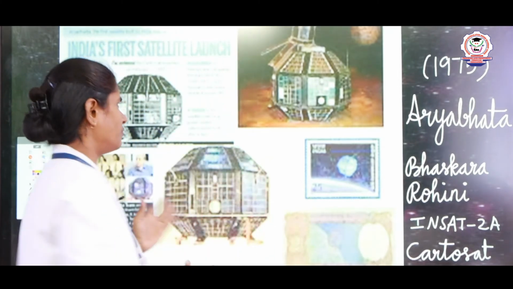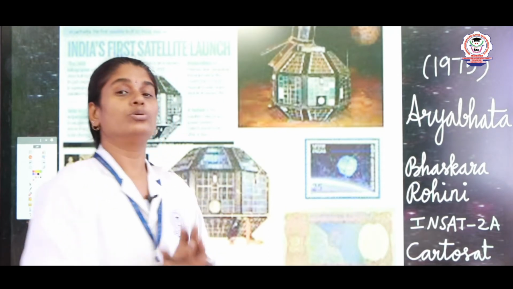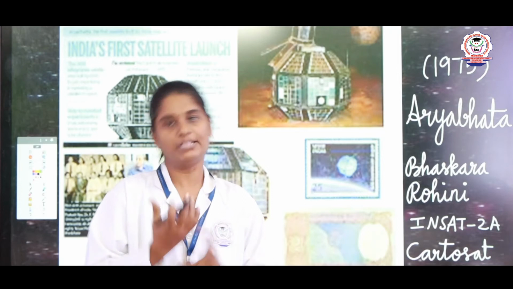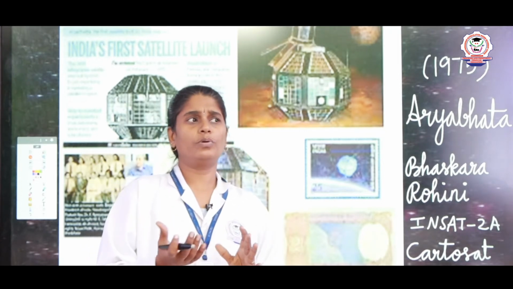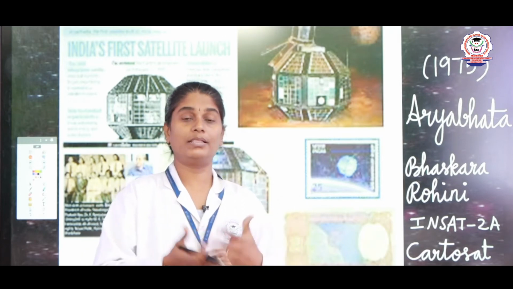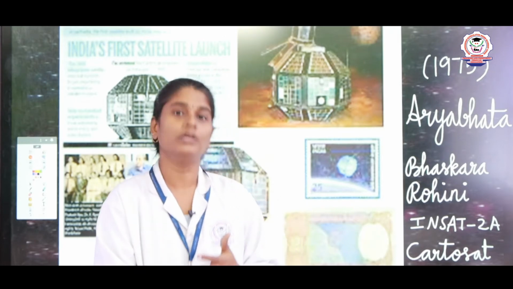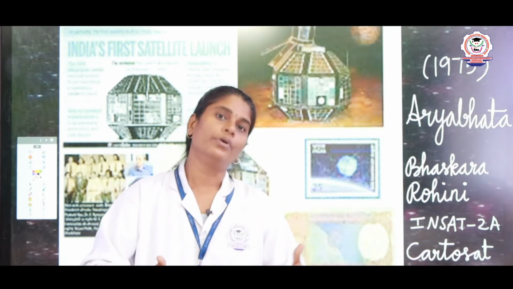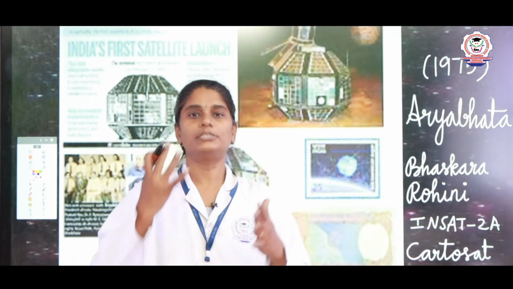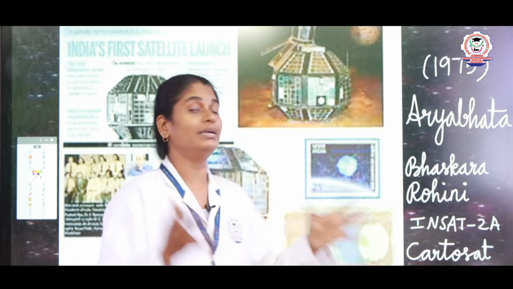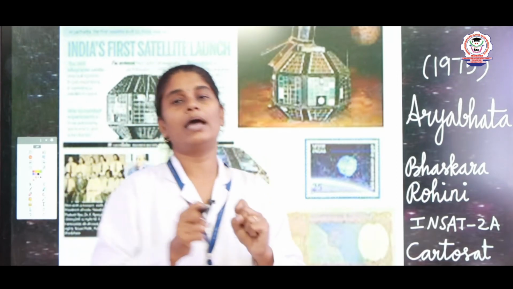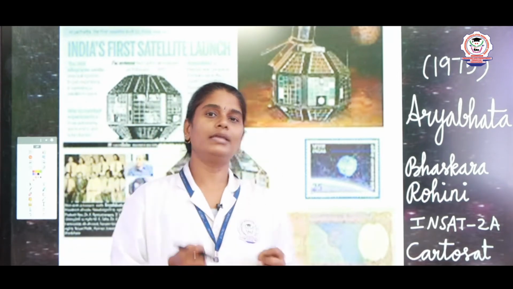So what is the main use of these satellites? These satellites are used to forecast the weather, right? In the news they give information about the weather. The cyclone is going to come after 3 days, after 4 days. How are they detecting it? It's because of the satellite. The satellite takes pictures and information about the Earth, and through the satellites we get the information.